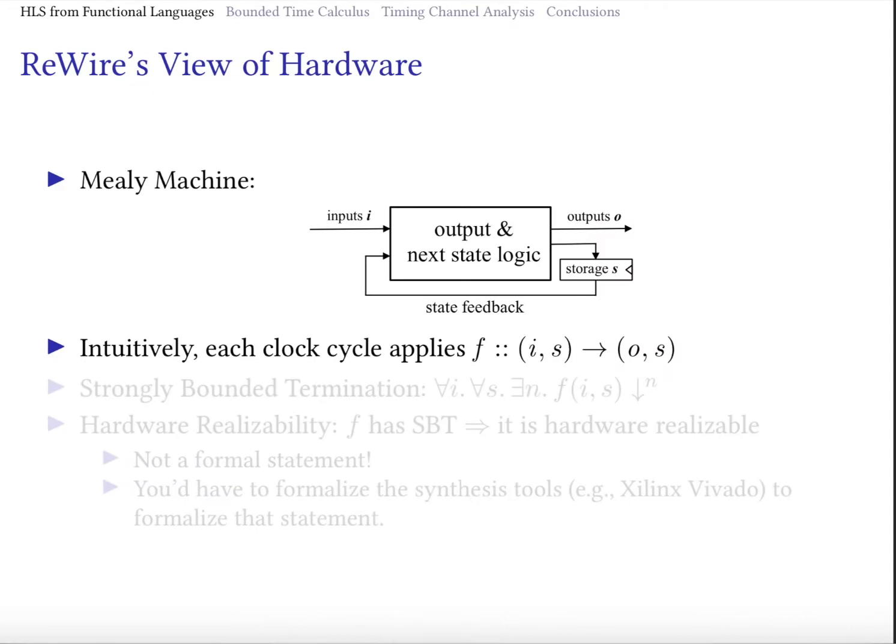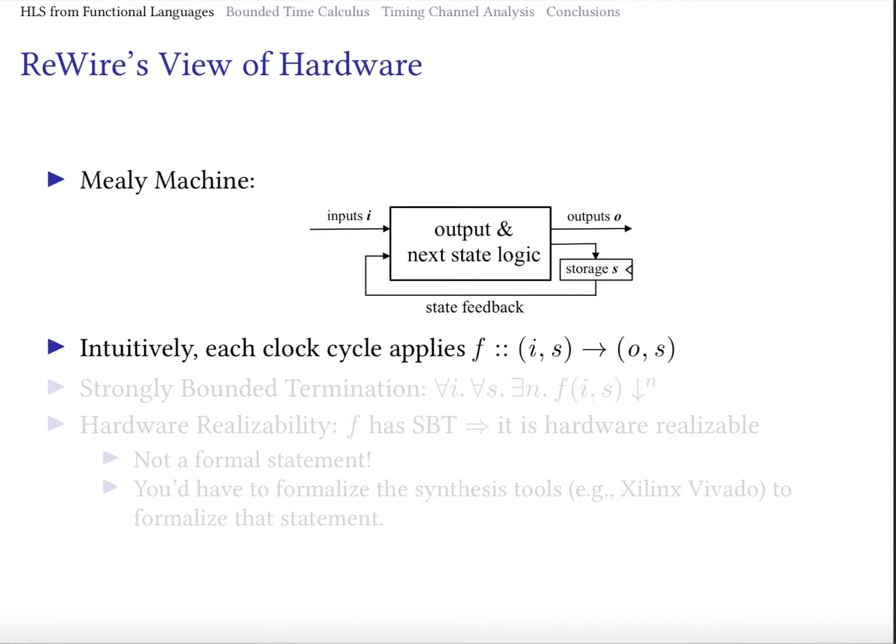Generally speaking, when a hardware designer thinks about hardware, he or she thinks about a Mealy machine. And what a Mealy machine is, I expect this is not new to you, is a thing that is clocked. So it happens over discrete clock ticks. And at every clock tick, it takes an input I and the current internal state S, and it produces an output O and a new value potentially in the storage.